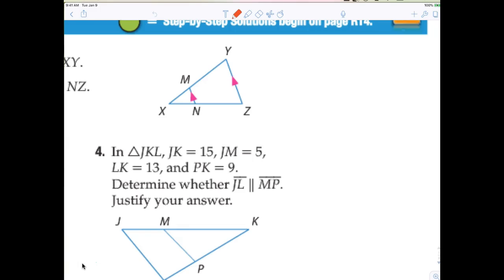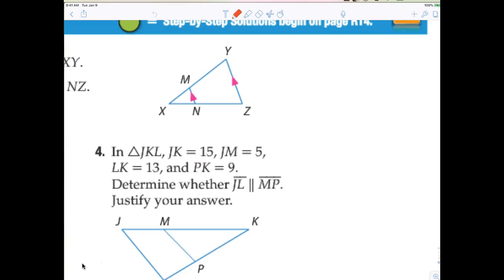So if you're going to relate XM to XN, that is the same ratio as XY over XZ. We're good with that. Now this part, XM over XN, is similar to MY over NZ.